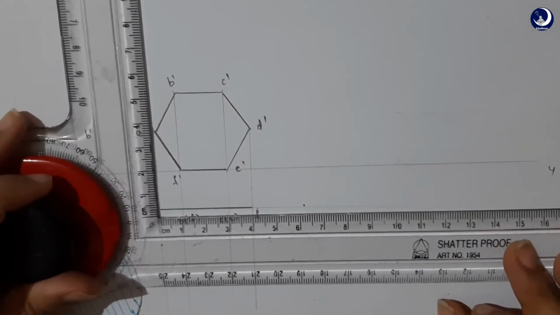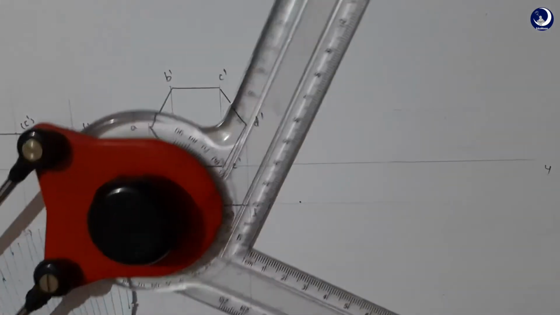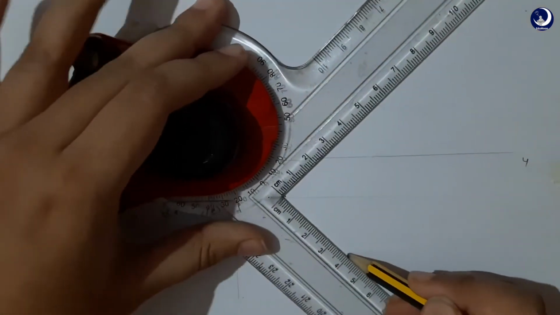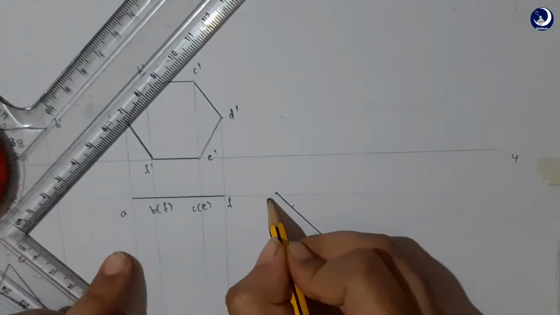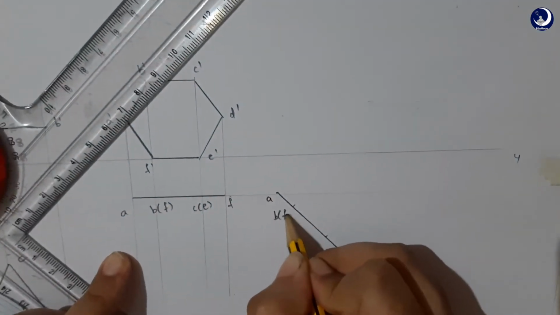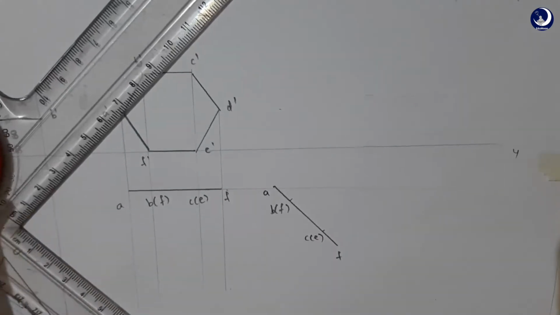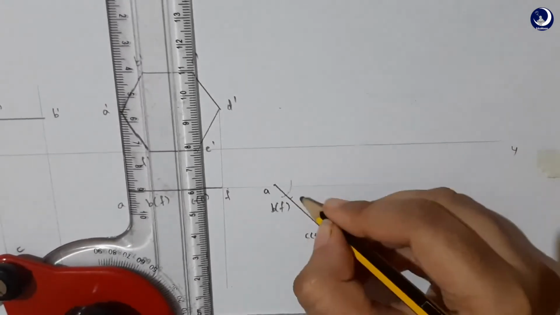You can use a compass divider, or you can just remember the markings. I'm going to mark them, that is A, B, F, C, E and F, and I'm going to project these points. So this is 45 degrees.